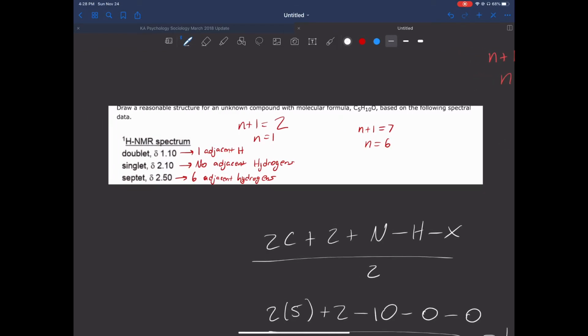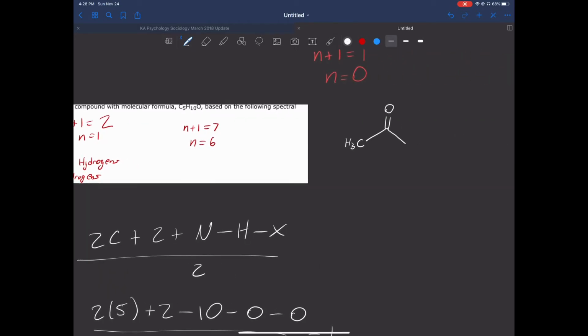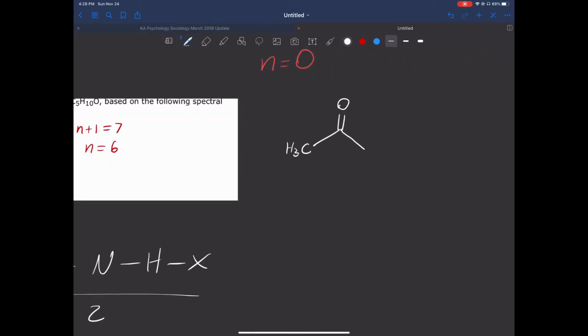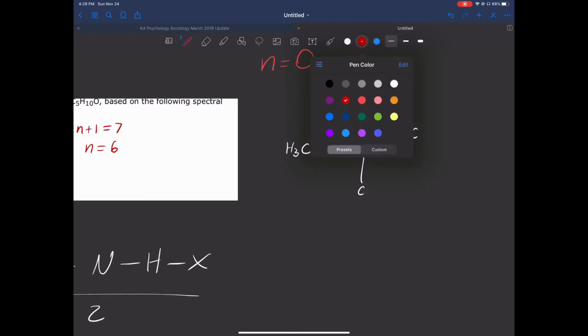You have this septet, right? So 6 adjacent hydrogens. And a doublet, which means it only has 1 adjacent hydrogen. That's going to be very similar to this isopropyl group. Here we have CH3, CH3, there's this one hydrogen on this carbon, and all the hydrogens of these methyls are the same. So I'll just color them all the same.